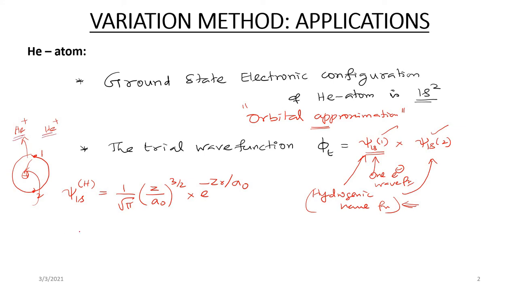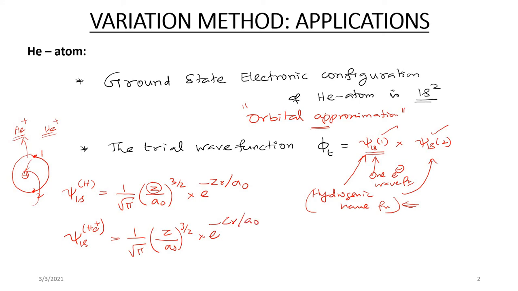Therefore, we can write the wave function for the 1s orbital of the helium plus ion as 1 by square root of pi, Z by a naught whole power 3 by 2, e power minus Z r by a naught, where you have to put the nuclear charge of helium for Z. This is a general formula.